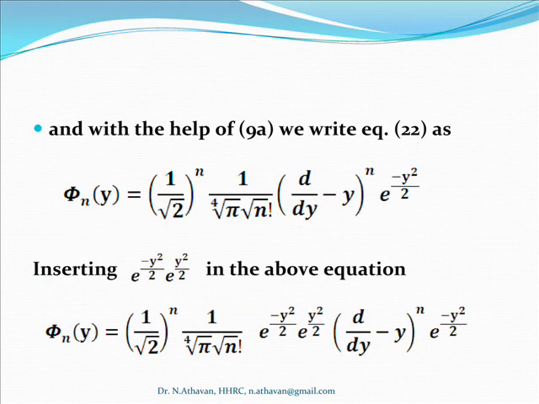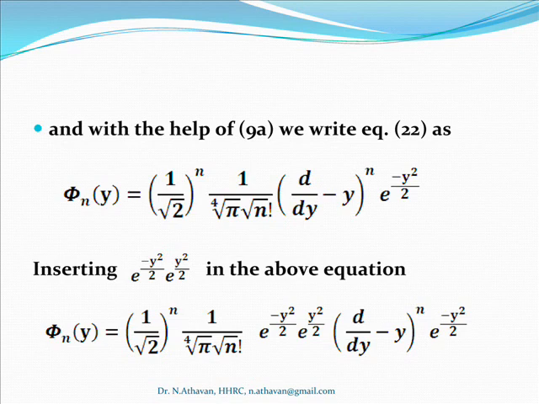And with the help of equation 9a, one can write equation 22 as phi n of y is equal to 1 by square root of 2 to the power n, 1 by 4th root of pi into square root of n factorial multiplied by d by dy minus y power n into e power minus y square by 2.